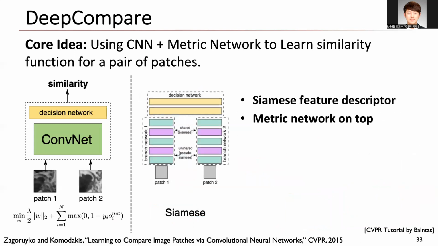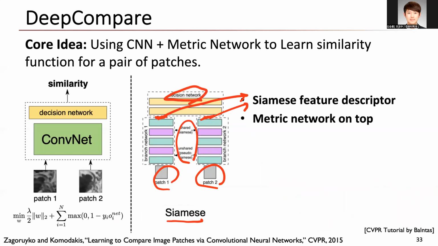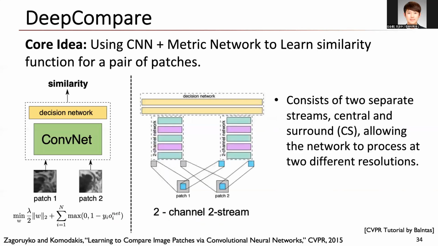And the next was the CMS architecture. How do they do that? First of all, they extract independent feature vectors from the two independently defined patches with a shared network. And this is just the descriptor, the CMS feature descriptor. Then they used an additional decision network, which is called the metric network, to determine similarity. In the other network, they try to consider different context information.